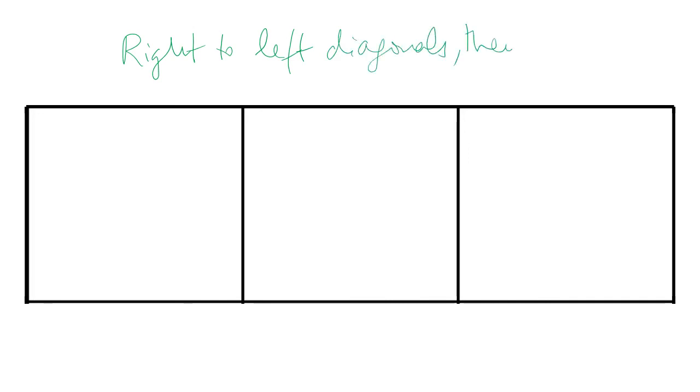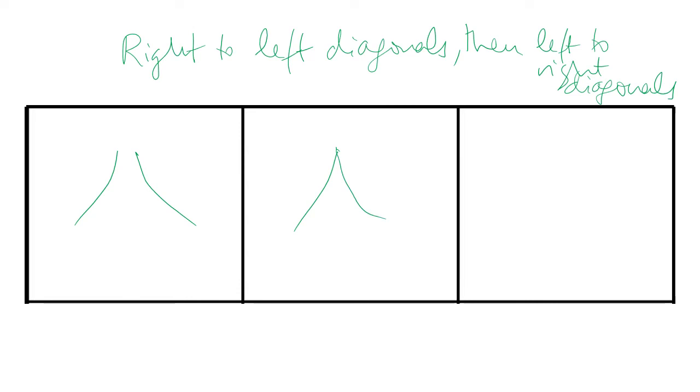Rule number 4, first we go right to left, diagonals, then left to right, diagonals. So, for example, this is the character for 8, and this is the character for human, but this is the character for to enter.